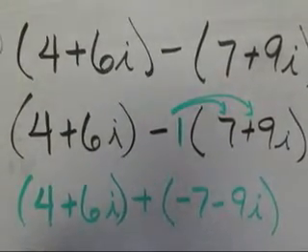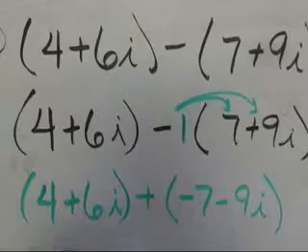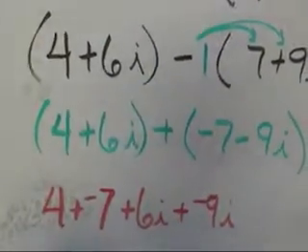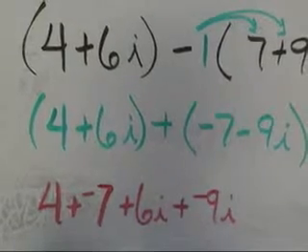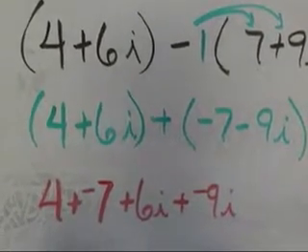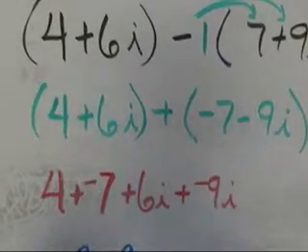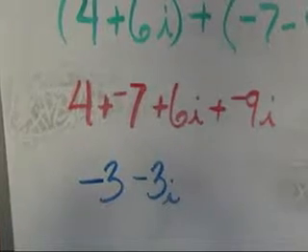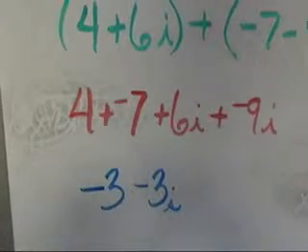And the reason why I do that is so, like in problem number 1, I can rewrite the like terms next to each other. So this would be 4 plus -7 plus 6i plus -9i. 4 and -7 make -3, and a 6i with a -9i make a -3i. So the final answer is -3 minus 3i.